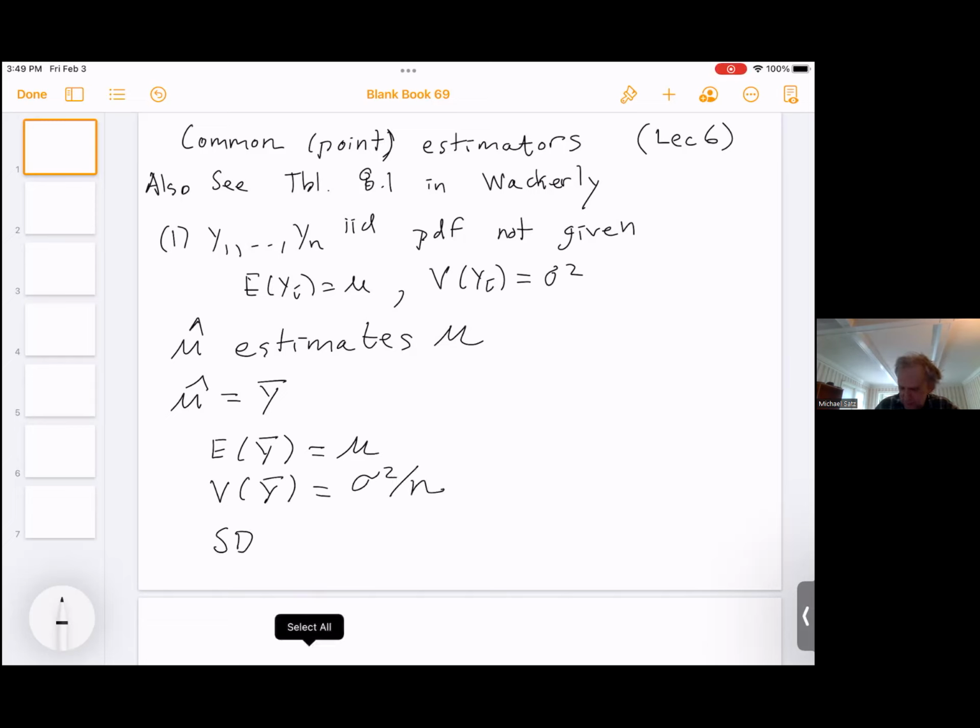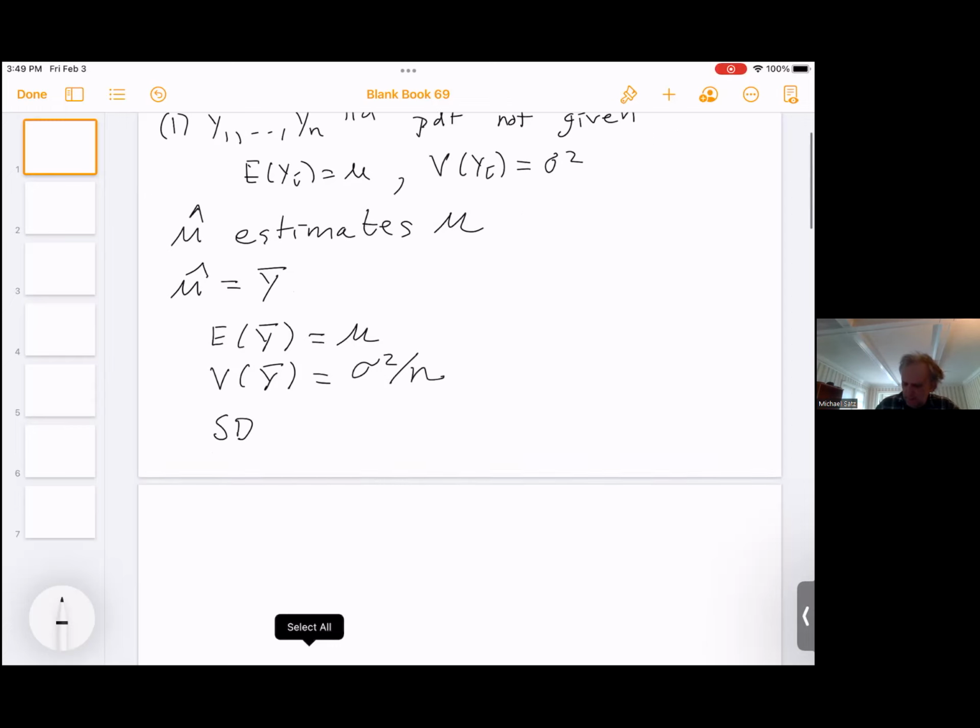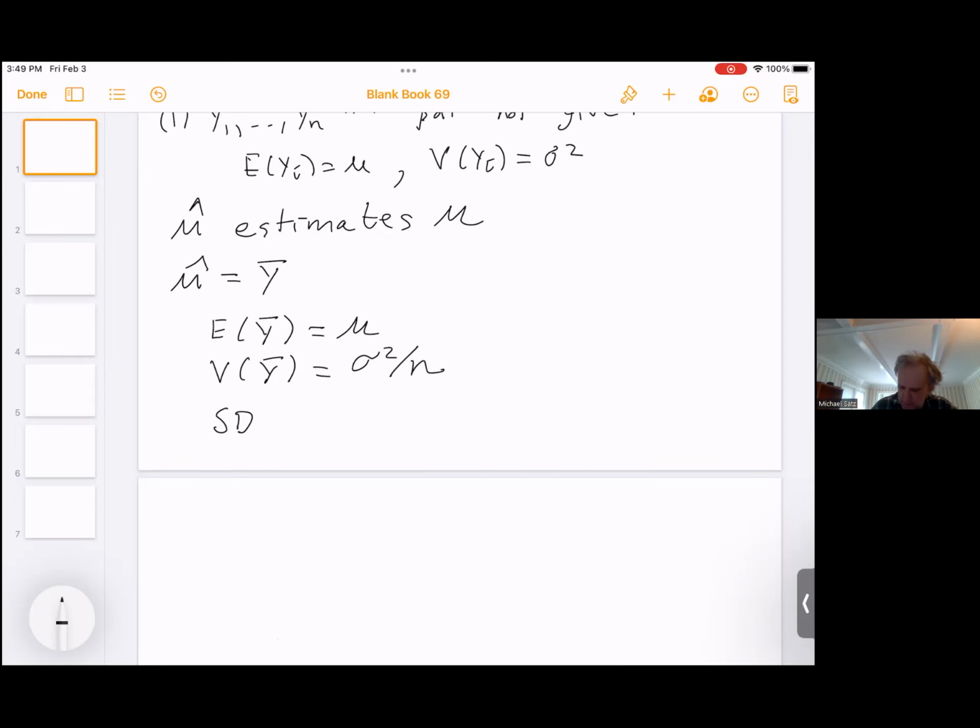Usually we take the square root of this. We call it SD, the standard deviation of y bar, or in the text they put a sigma symbol. This is not to be confused with sigma here, but it's just a symbol meaning the standard deviation, and you put the thing you want the standard deviation of down here.